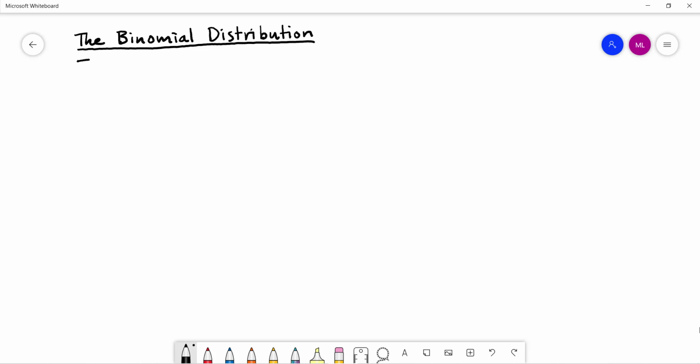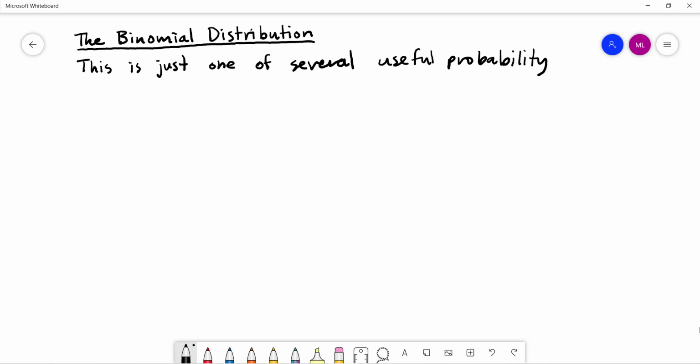This just happens to be one of several useful probability distributions that we're going to look at. There's a whole bunch of other ones that we're not even going to look at.